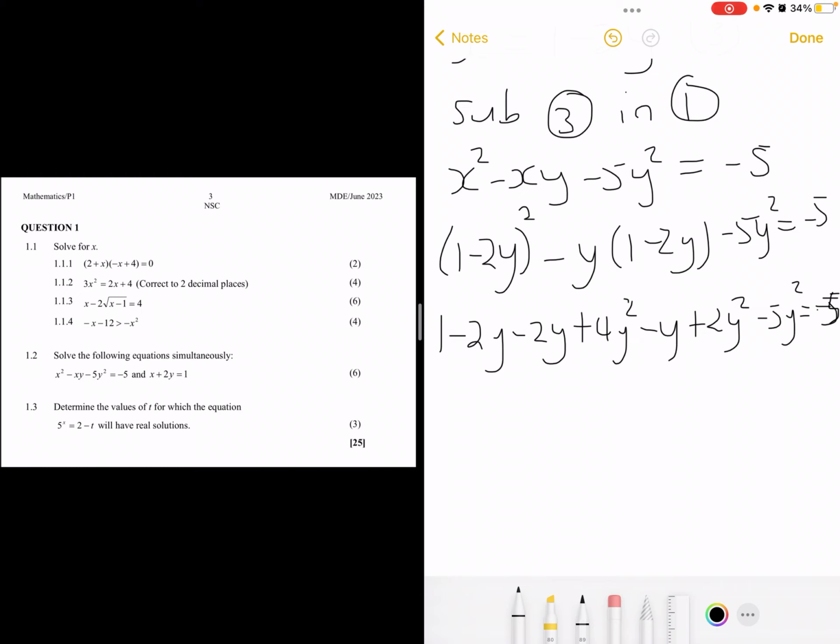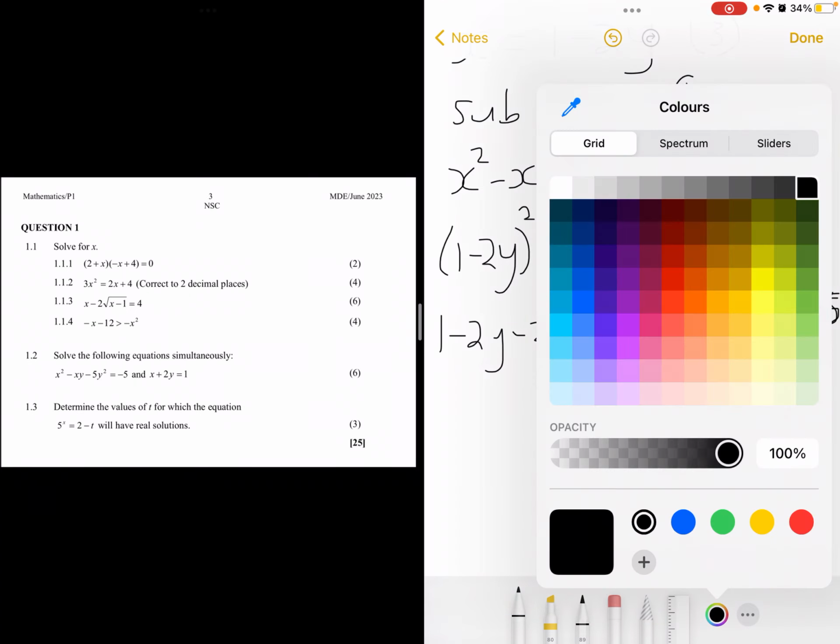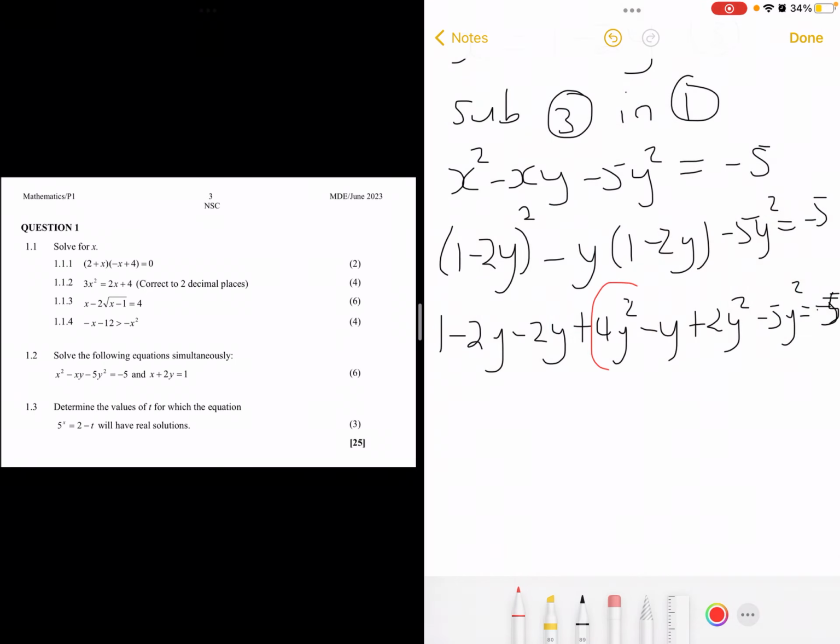For example, I already see that I can start summing up 4 plus 2 is 6, minus 5 will give me a y squared, and then if I say minus 2 and minus y, it gives me a minus 5, and if I say 1 and I take the negative 5 to the other side, then it will become a positive 5, so it's 1 plus 5 and it gives me 6. So I will then do the grouping of like terms just for simplicity.